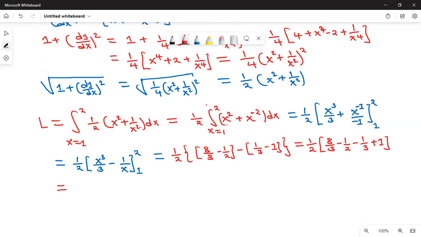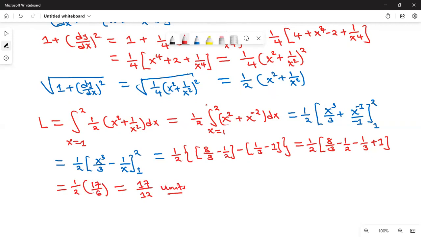So I will start with the 8 over 3 minus 1 over 2 minus 1 over 3 plus 1. That should give us 17 over 6. Then this times 1 over 2, so it is 1 over 2 times 17 over 6, which will give us 17 over 12. That is the length of the arc, and this is in units. Length is measured in units.